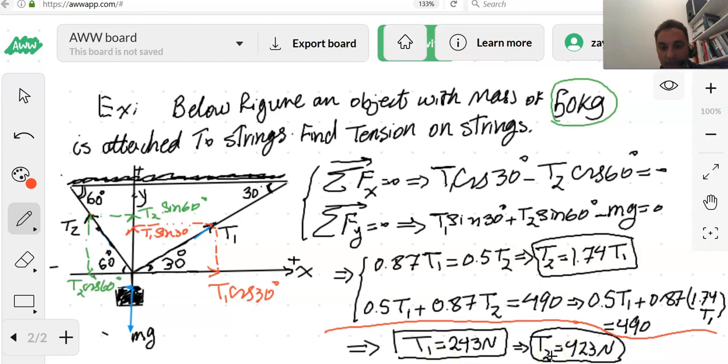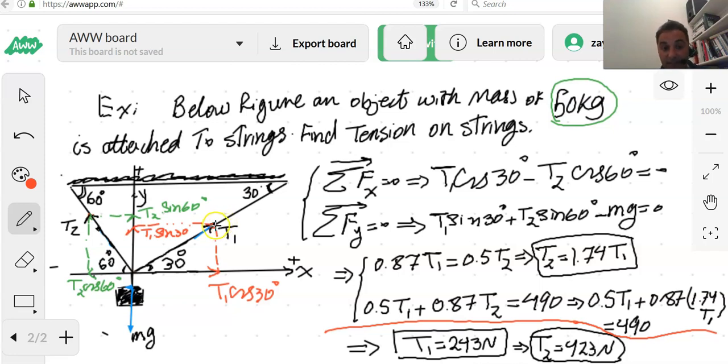Now you can check the answers, guys, with the picture. Look, tension 1 is 243. Tension 2 is 423. So what do we see here?